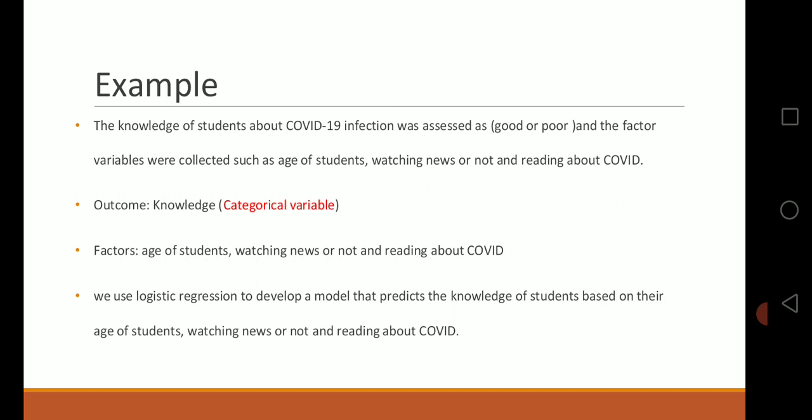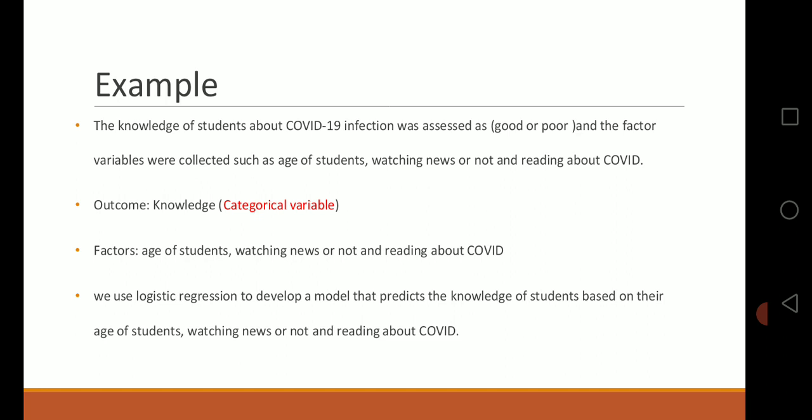The logistic regression, just like the linear regression, has 2 types: the simple logistic regression and the multiple logistic regression. Just like the linear regression, if it's one factor, this means that it's a simple logistic regression. If it's more than one factor, it's a multiple logistic regression. We come to the example.